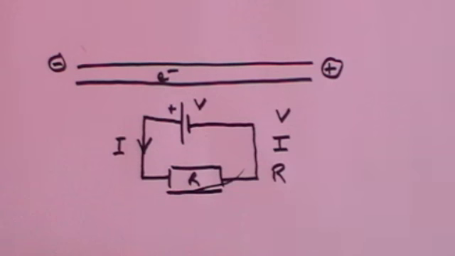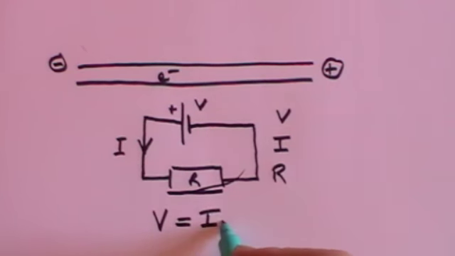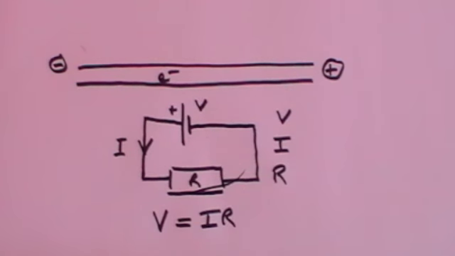And Ohm's law very simply says that V equals IR. Now we'll see later that that is not always the case, but for the time being we're going to stick with Ohm's law, V equals IR. So the voltage is equal to the product of the current times the resistance.